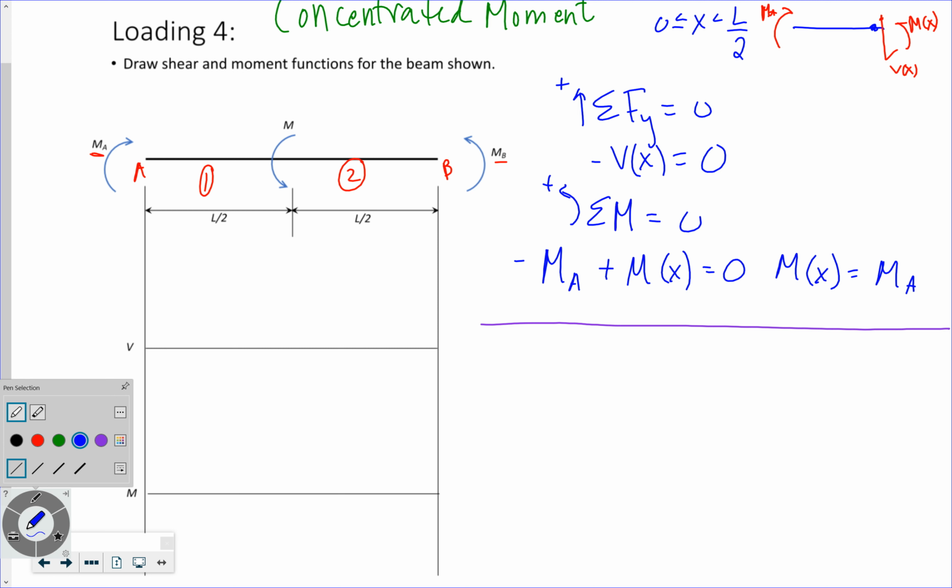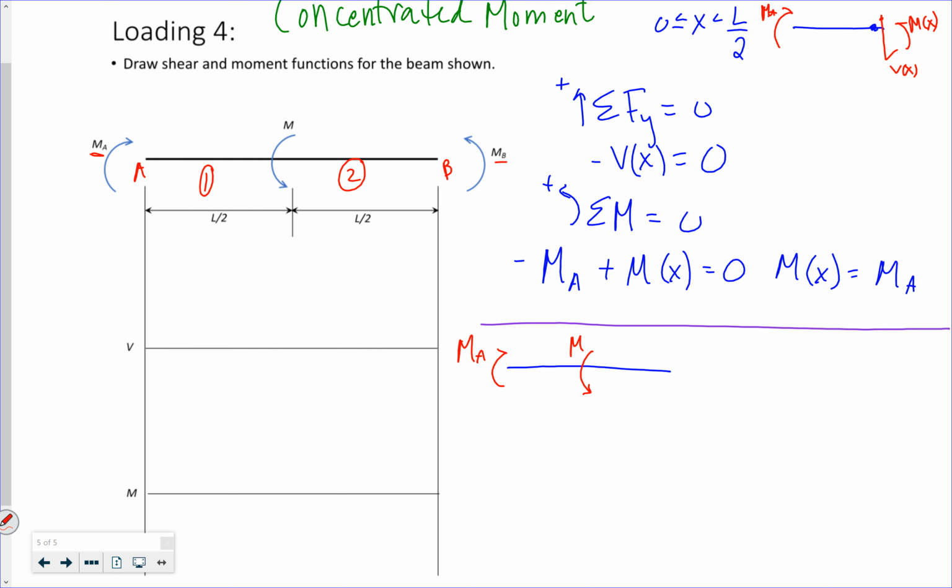Now I'm going to look for my second section. I have my moment at A, I have this applied moment, and then I want to look at my shear and moment.